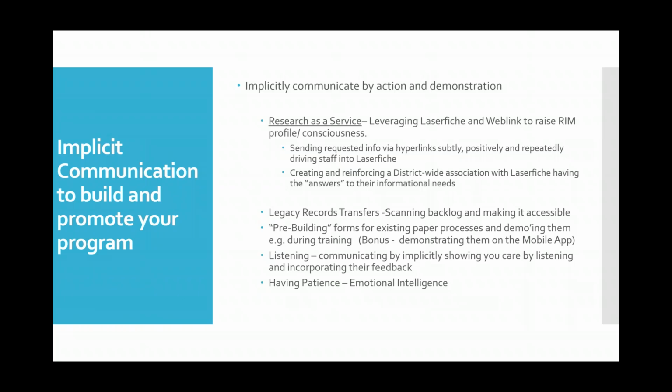And then another two really important implicit ways of communicating are listening. By listening, you are telling people that you care and that you're incorporating their feedback. And that's that feedback mechanism that you're giving them. And by showing them that that is available and it actually works is hugely legitimizing in what you're trying to do.